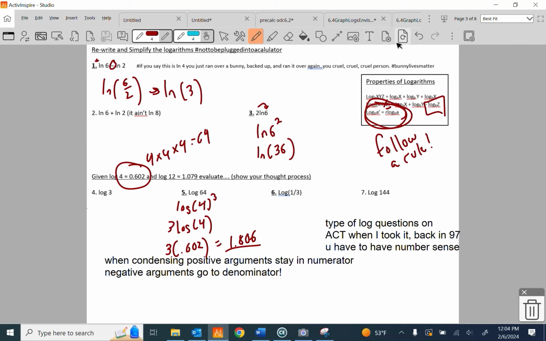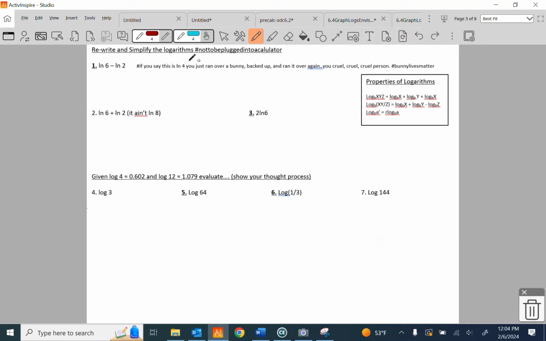And when I look at this one, what pops into my head is this condensing idea up here. I see a division. I'm thinking about negativity. So I'm going to rewrite this as a log of 1 minus a log of 3. And that might not actually be the best way to do that.